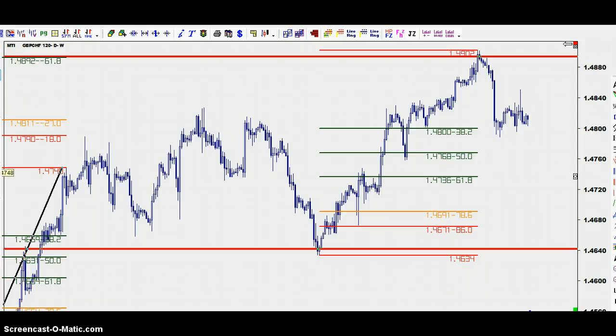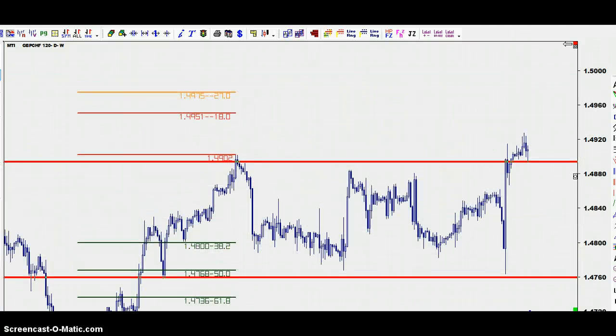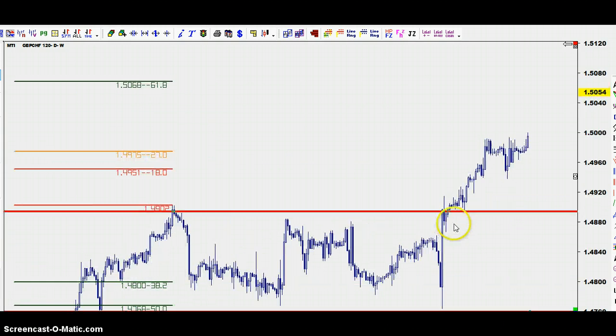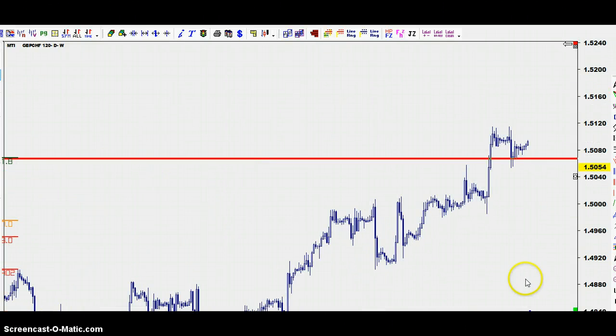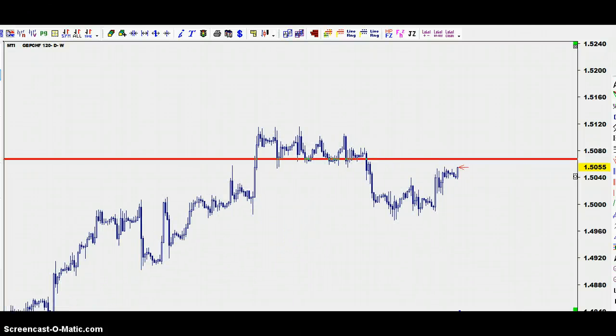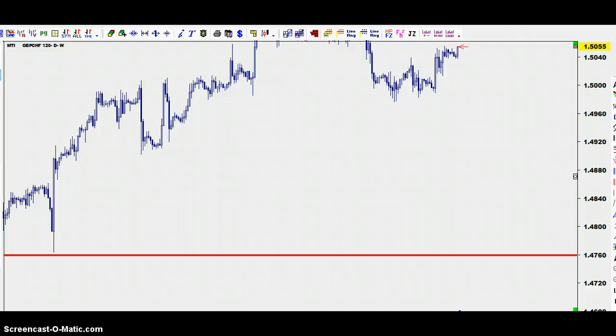There we go, A to B, C to D, A to B. Looking for it up here, and C to D. Alright, so we're in an AB boundary, up AB boundary, and we're expecting this market to pull back. It hasn't pulled back to 382. We're expecting it to go all the way past.